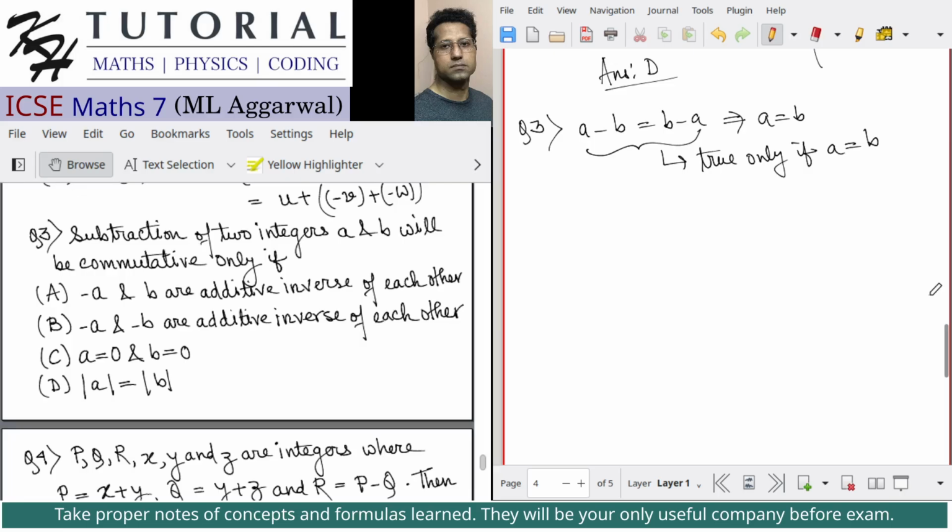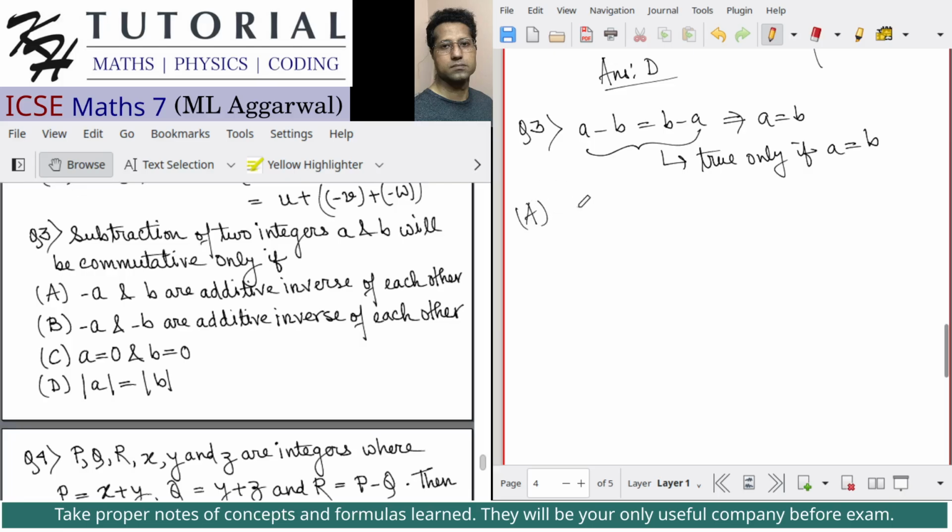Choice A says that minus A and B are additive inverse of each other. Now I know the only condition for A minus B to be equal to B minus A is A equal to B. Does A equal to B mean that minus A and B are additive inverse of each other? Let's see.